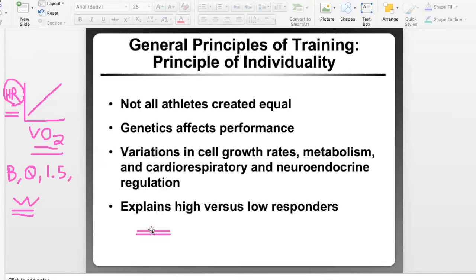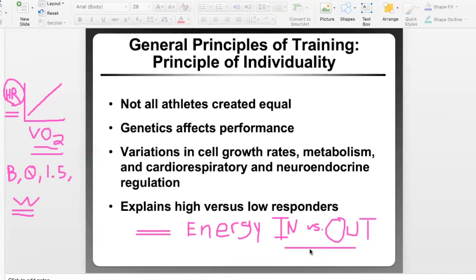There's another reason why this energy in and this energy out equation, in versus out, is not necessarily something that we're going to be able to put all of our eggs in the basket regarding.